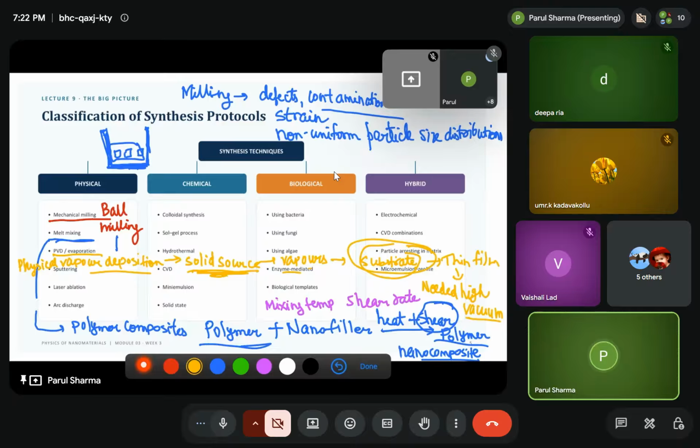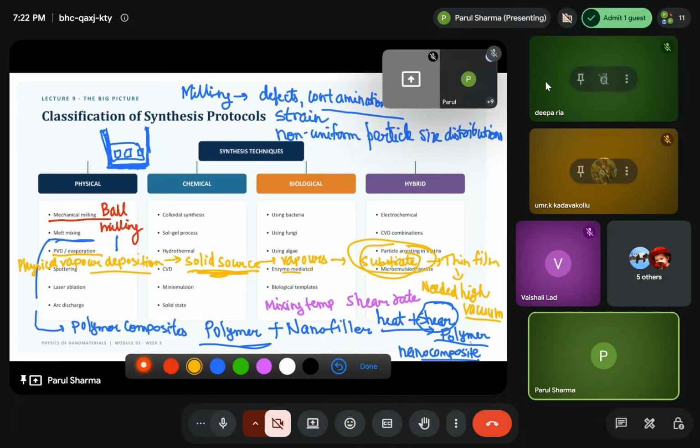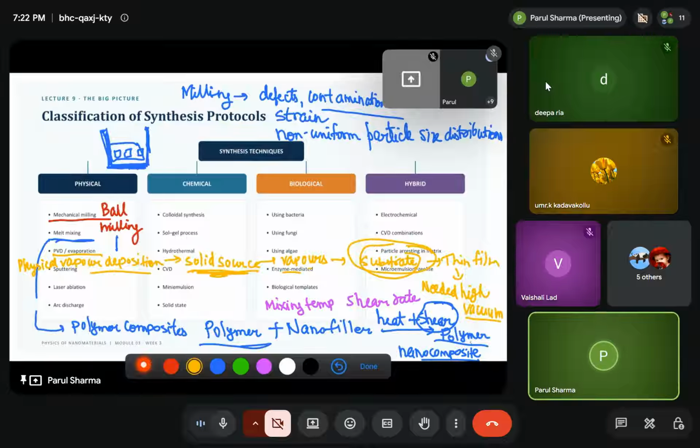So that the vapor particles can travel towards the substrate without undergoing too many collisions with the gas molecules. When these particles reach the substrate, they will lose energy and condense on its surface. So eventually a thin film will form.